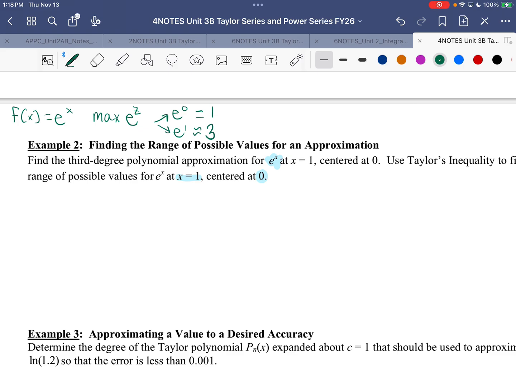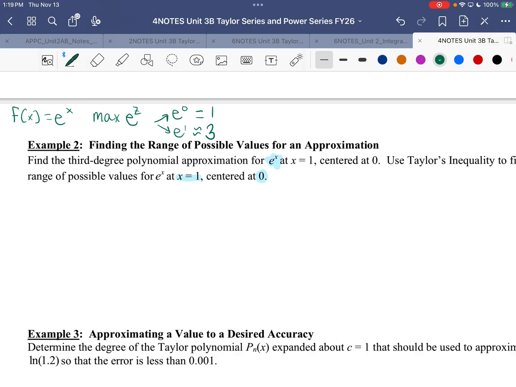So we're going to use the maximum as 3. Even though we do know that e to the 1 is 2.71828, that's not easy to deal with. The whole thing with Taylor polynomials is to make the numbers easy to deal with, so we're going to choose 3. Just like how pi is 3 and e is 3 if you're an engineer, it's the same vibe. So we're trying to estimate things in our head.